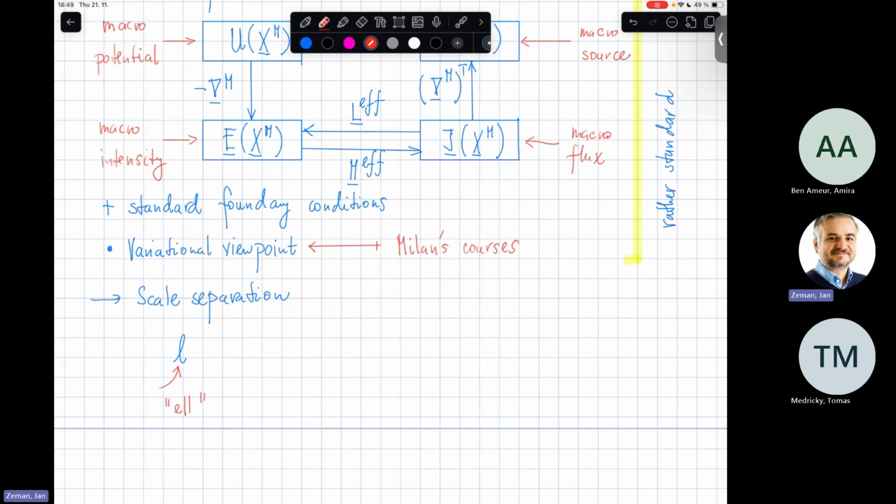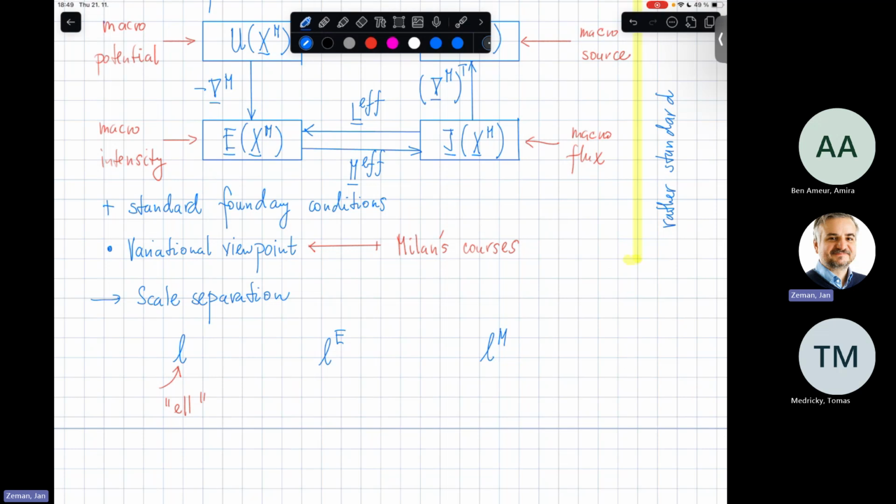So there is one length scale which I call L, then there is another length scale which is called E, and then there is one length scale which is called L macroscopic. Okay?